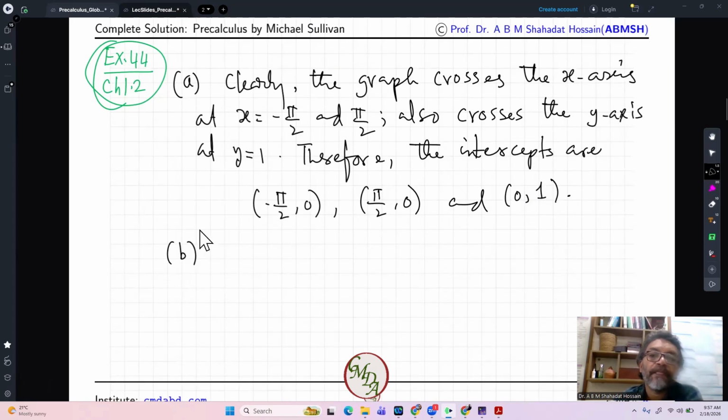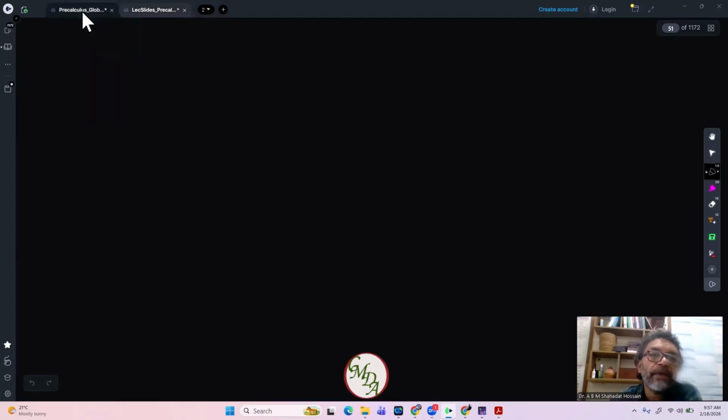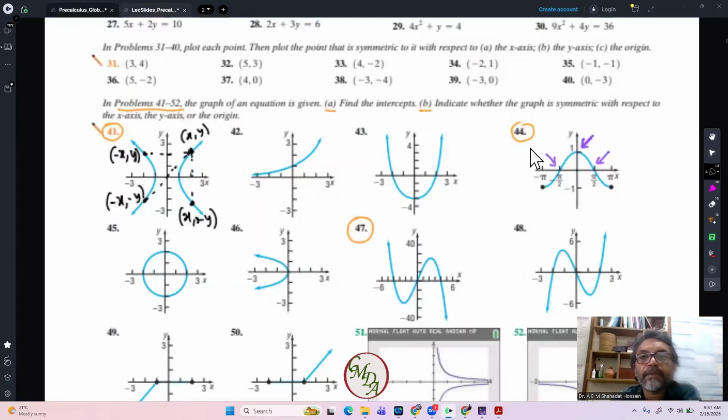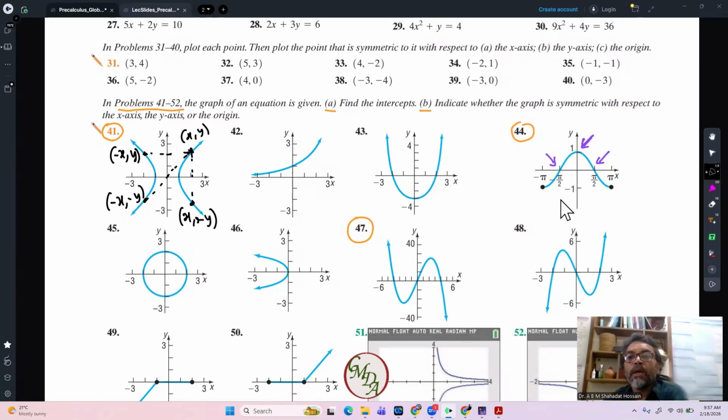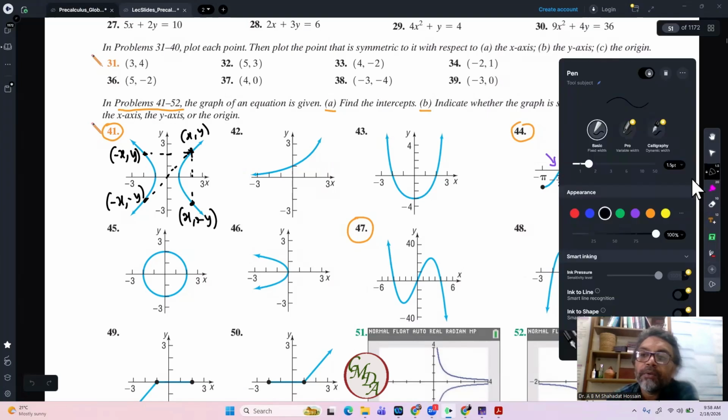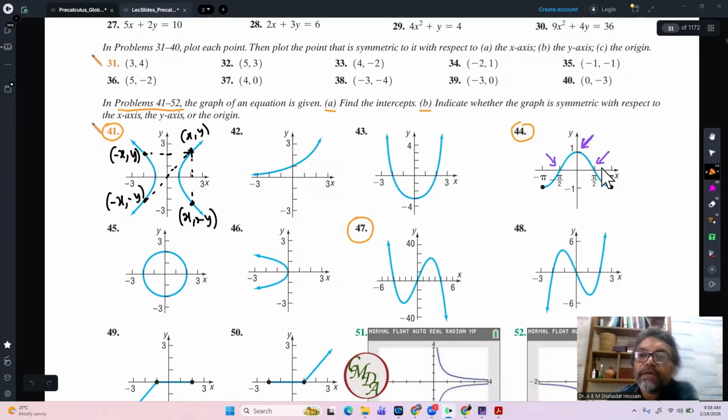Part B. For part B, we need to indicate whether the graph is symmetric with respect to the x-axis, y-axis, or the origin. So clearly you can see that if the graph has a point (x, y), then it also has the point (-x, y).